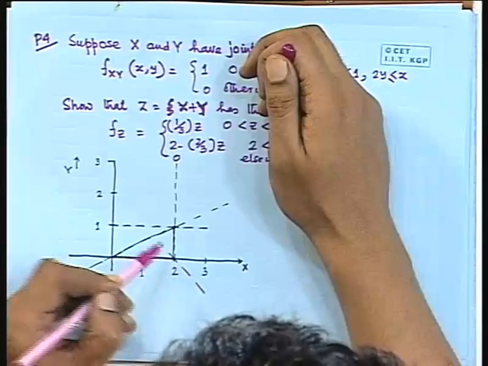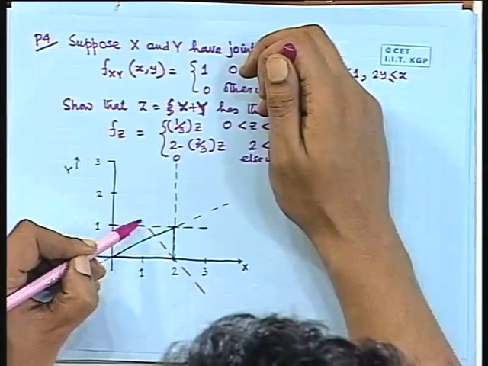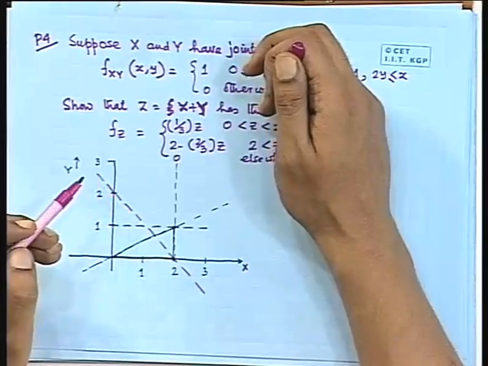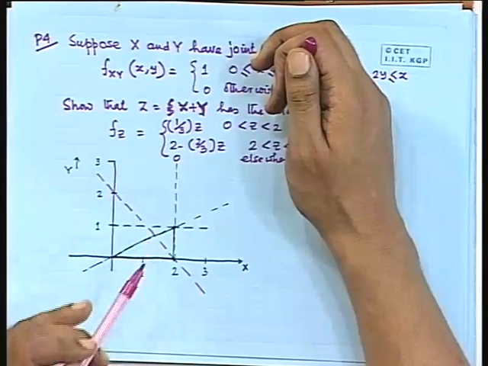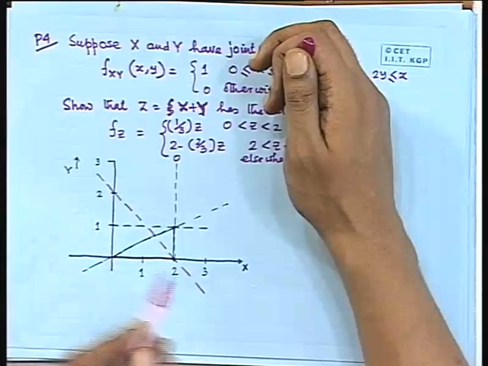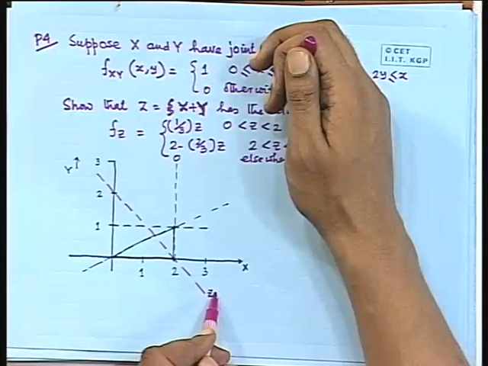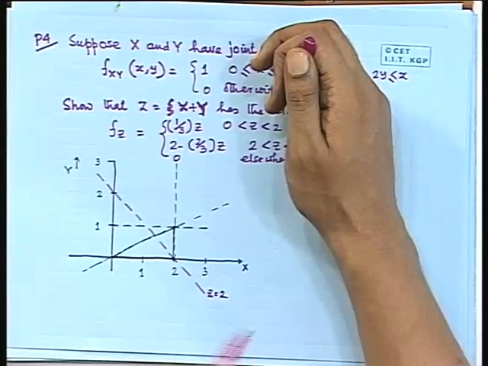So this is where you have fx. Now you are defining a function called z is equal to x plus y. So where is that function? That function is this line. This is the z is equal to x plus y line. This is actually the z is equal to 2 line. You can have various kinds of lines.